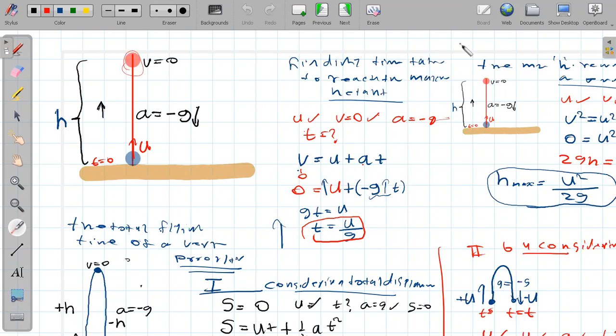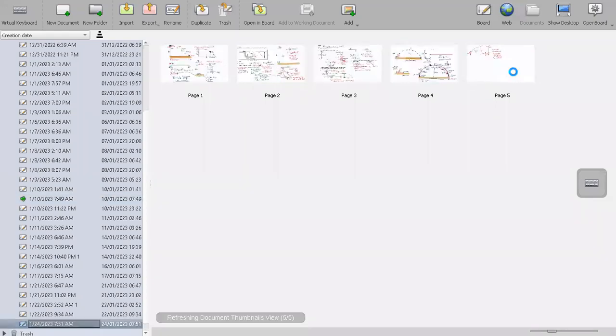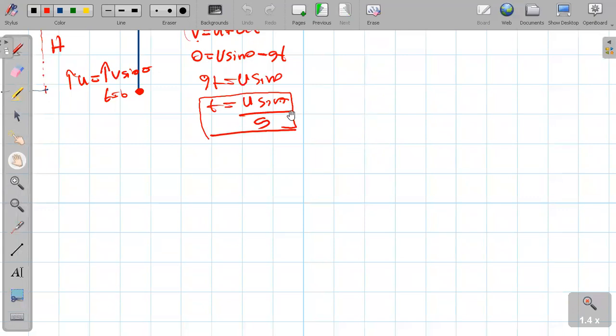What did we find today? Time is u over g, still there. The only part added was sin theta. See, it is not really hard to understand. In the previous one we had only u, but in this one it contains u sin theta too.